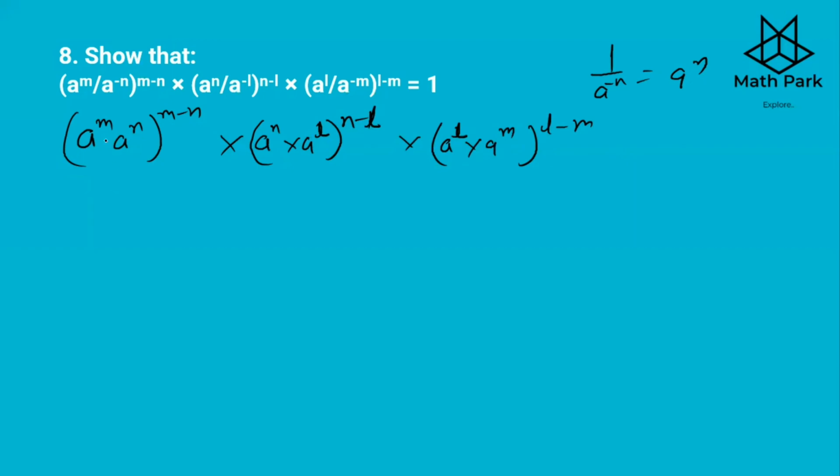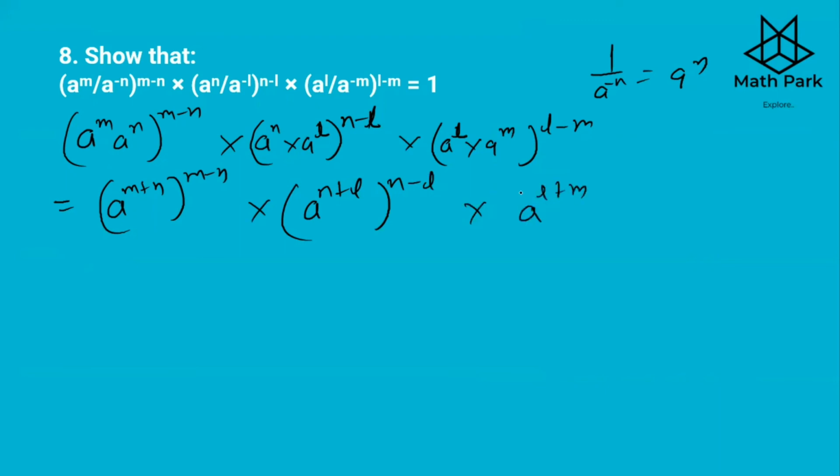Now, a raised to m into a raised to n is a raised to m plus n. Correct? This is multiplication. So, inside it becomes a raised to m plus n, this raised to m minus n. Into this becomes a raised to n plus l, raised to n minus l. Into this becomes a raised to l plus m, this raised to l minus m.